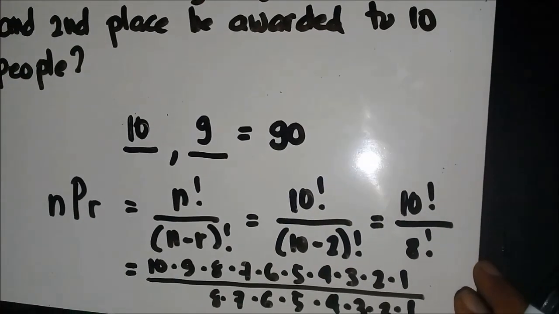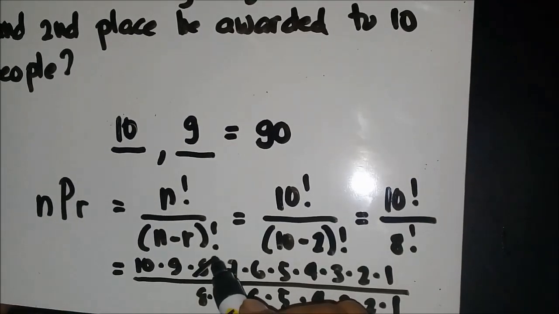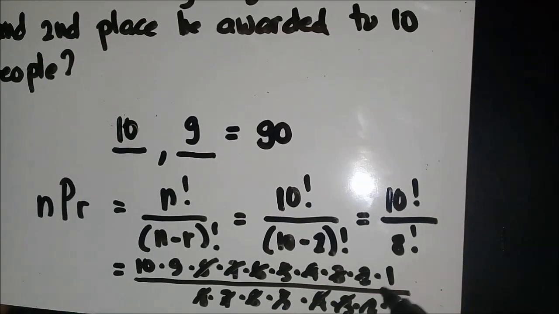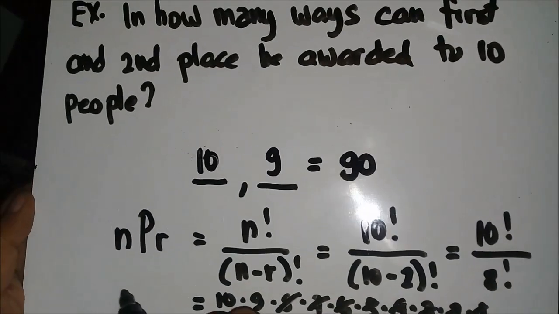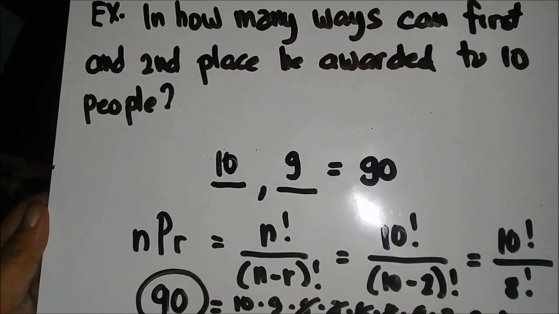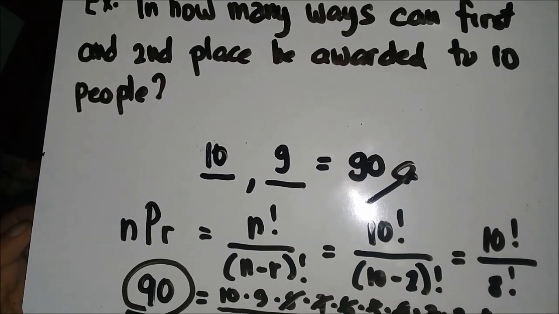Notice here that from 8 onwards, the factors will just cancel out, leaving us with 10 times 9, which is equal to 90. And 90 here is equal to 90 with the slot method.